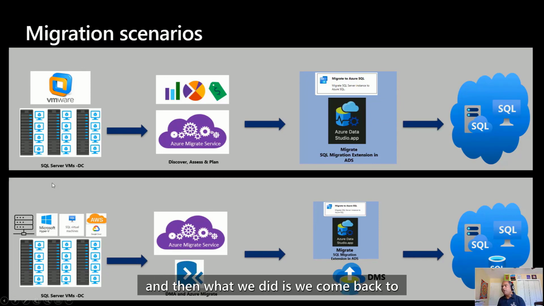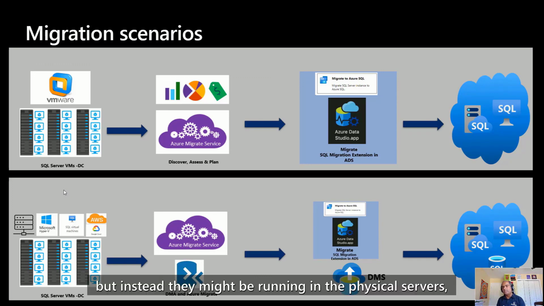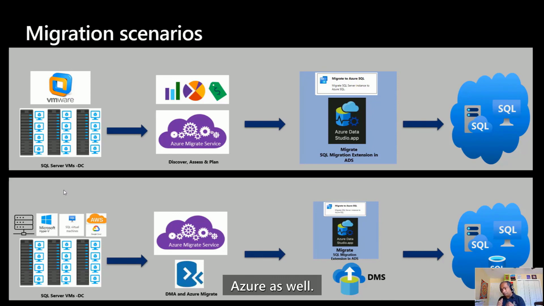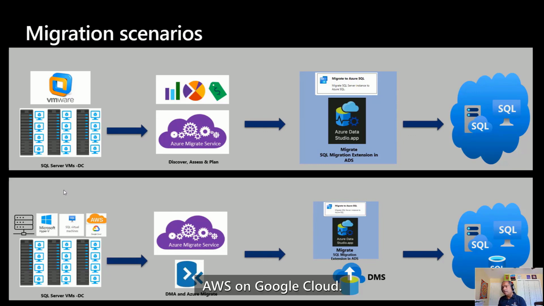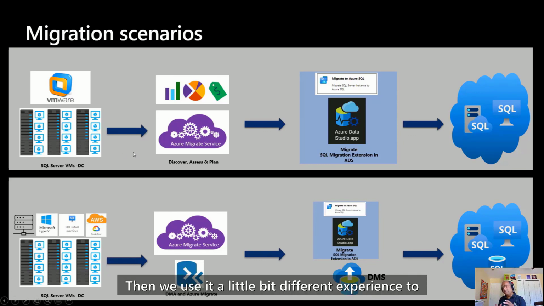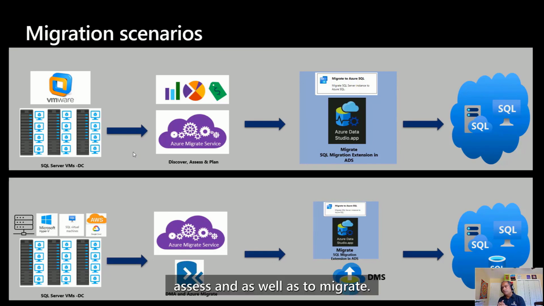And then we came back to the SQL servers which are not running on the VMware environment, but instead might be running on physical servers, bare metal, Hyper-V, or as a matter of fact, SQL servers on virtual machines in Azure as well. Or they might be running in other clouds like AWS and Google Cloud. Then we use a slightly different experience to assess as well as to migrate.